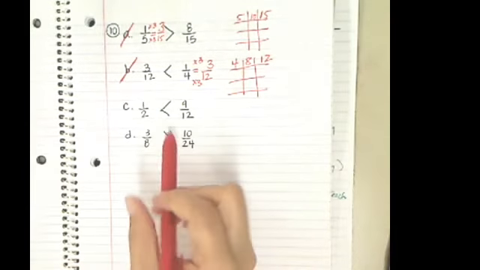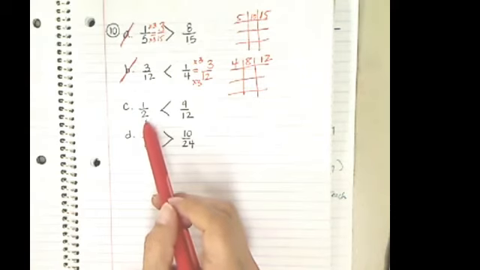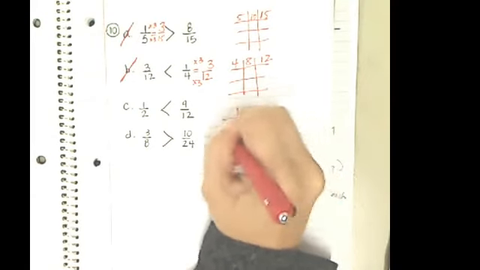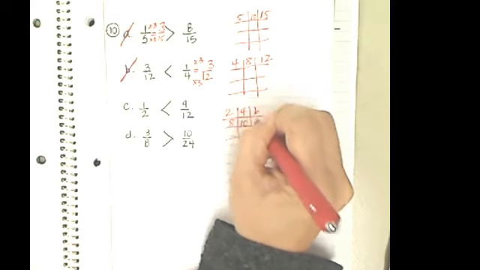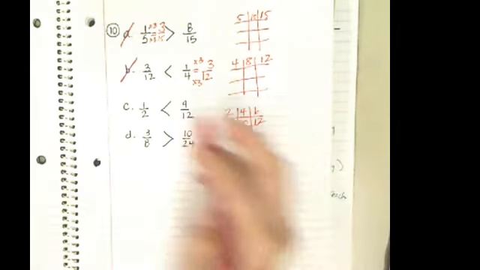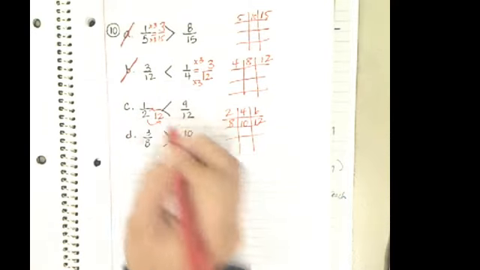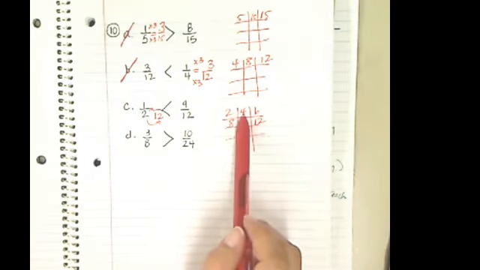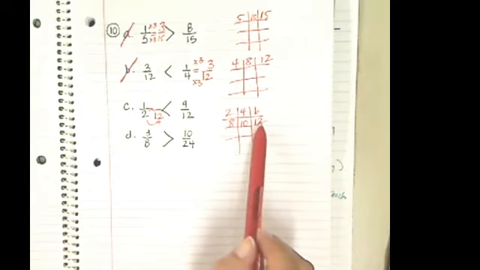Next, 1/2 and 9/12. Oh, okay, well, I know I can take this 2 and change it to something to match that 12, but let's look. 2, 4, 6, 8, 10, 12. There it is. 2 times what is going to get me 12? 2 times 1, 2 times 2, 2 times 3, 2 times 4, 2 times 5, 2 times 6.